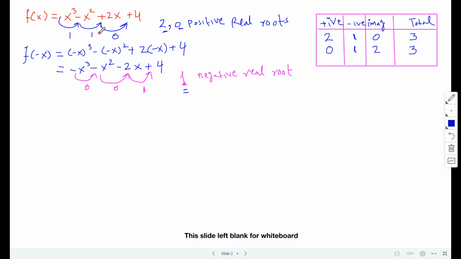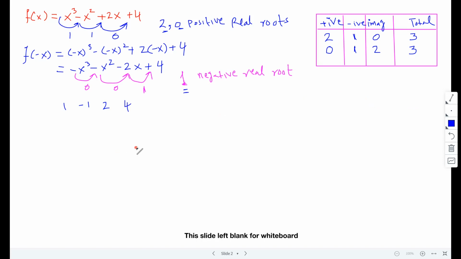So let's try the synthetic substitution method to find the real or imaginary roots. I'm taking the coefficients: 1 for x to the power 3, then negative 1, then positive 2, then 4.